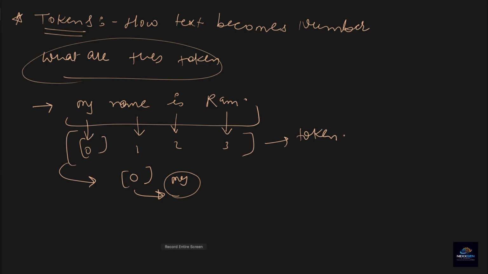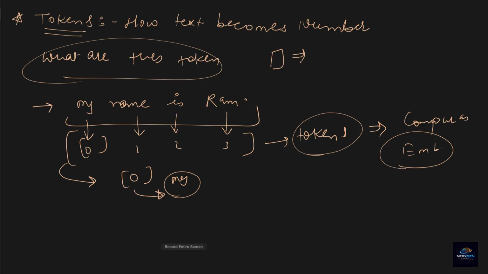These tokens are further computed as embeddings, which are vectors in a multi-dimensional space. So I think it's clear now how texts become numbers: the model assigns some values to these texts.